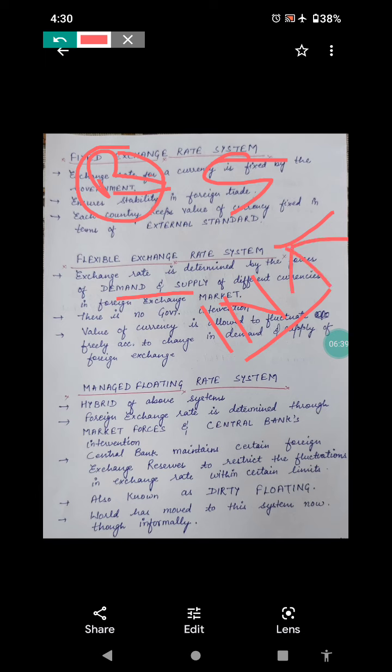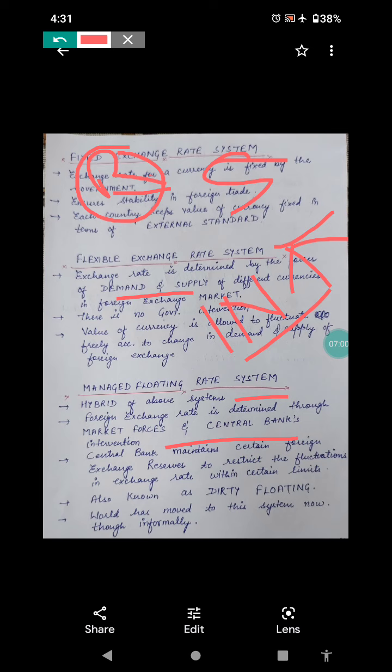Now here is the managed floating rate system, which is the hybrid of two. Now we can understand that foreign exchange rate is determined by the market forces, and the central bank influences the exchange rate.